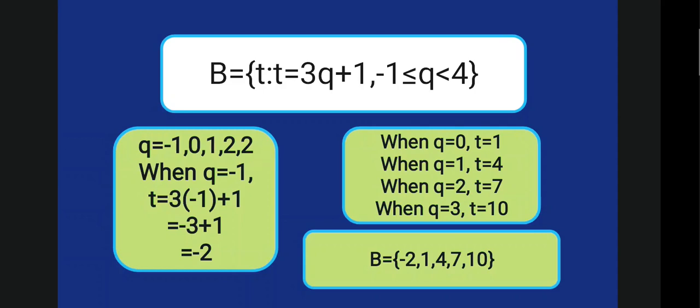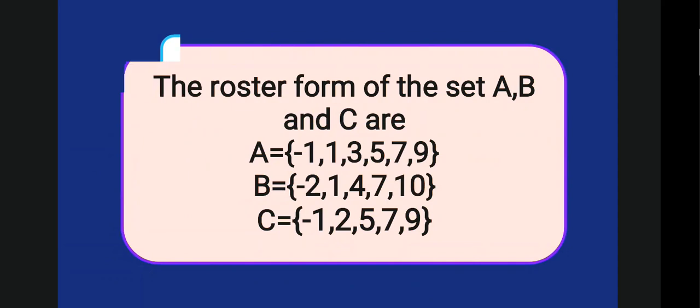Q equals minus 1 means T equals 3 times minus 1 plus 1, so minus 3 plus 1 equals minus 2. If we proceed like this, Q equals 0 gives T equals 1, and Q equals 1 gives T equals 4, then 7, 10. So B is the collection {minus 2, 1, 4, 7, 10}.